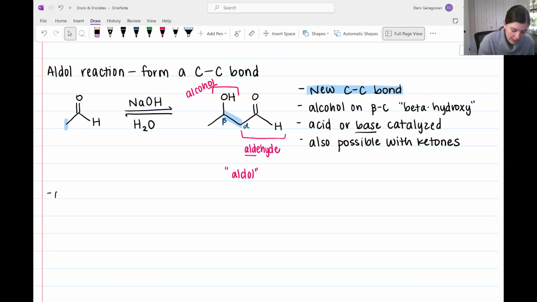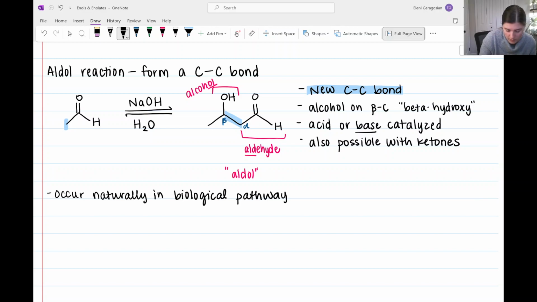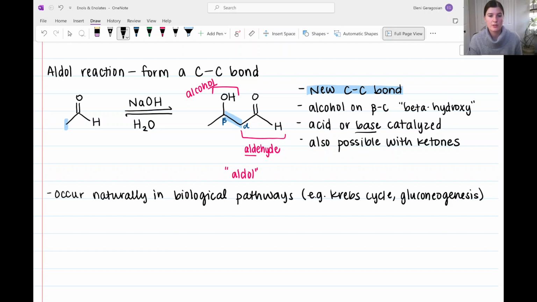These reactions occur naturally in biological pathways. So our aldol reaction occurs in the Krebs cycle and in gluconeogenesis. So there are two examples of where the aldol reaction occurs in biological pathways.